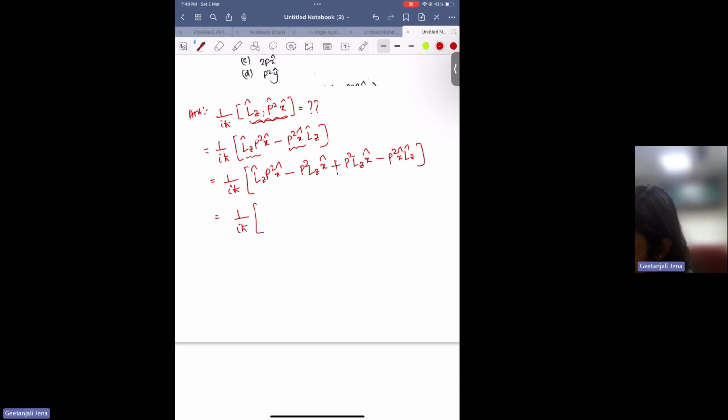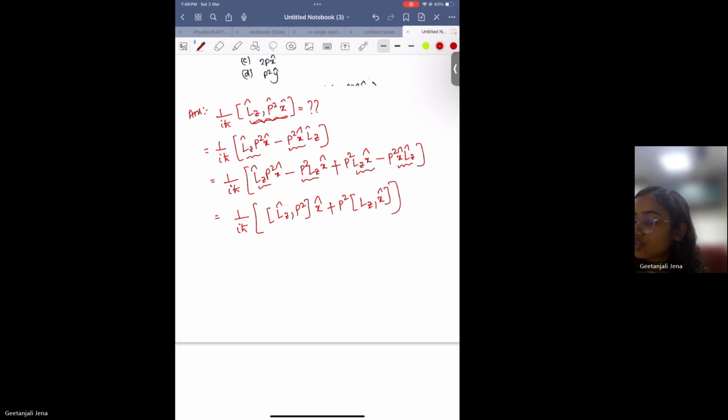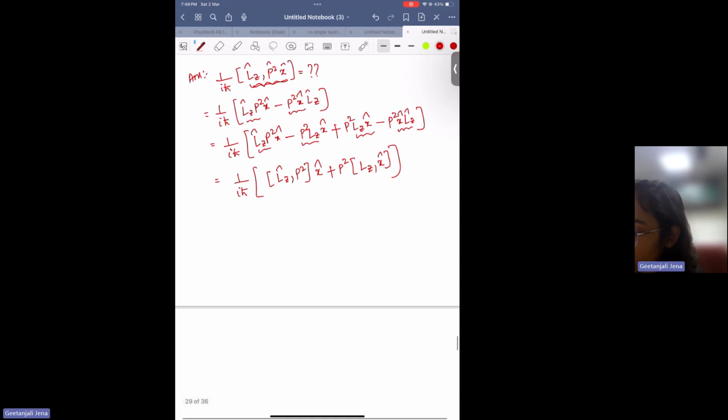So this is nothing but the commutation relation of Lz with P square, okay, plus there is x Lz here, and there is x Lz here. This is P square and commutation relation of Lz with x. So your main task is to find out the value for these commutation relations.